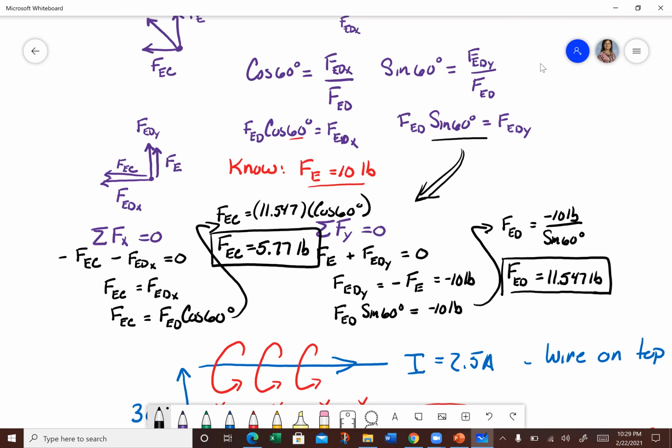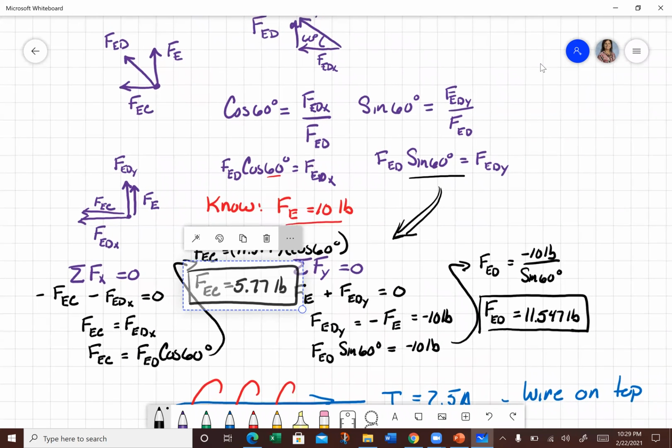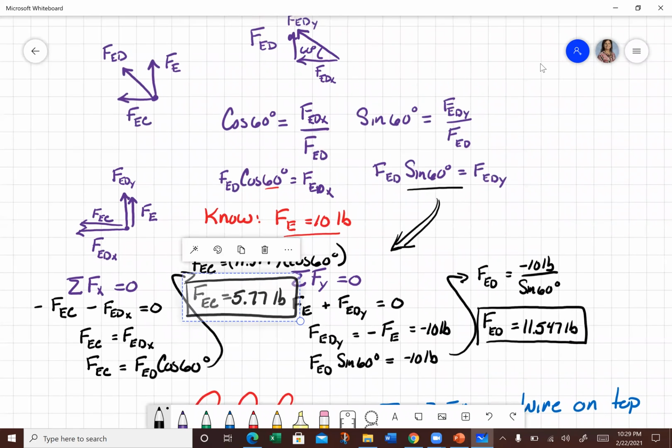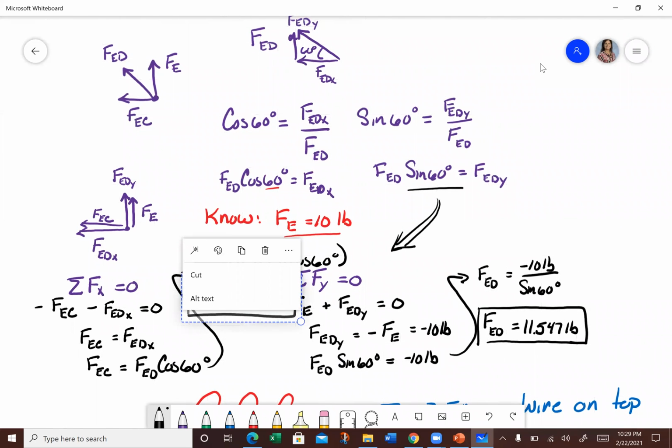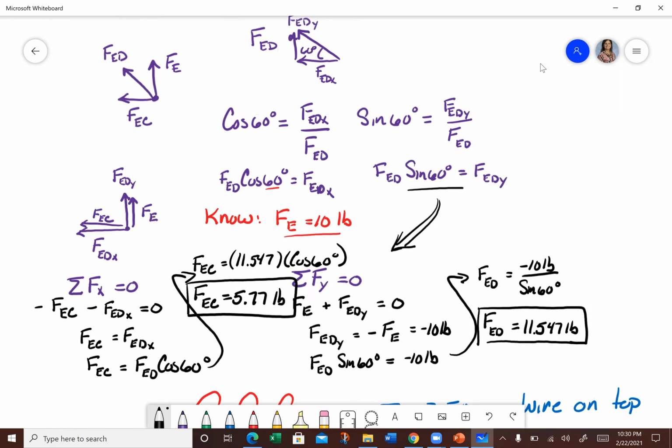So this here is no different than you've done before on free body diagrams, right? We had all of these forces acting at that one joint, so we're just looking at one particular point. What we recognize here is that these are in opposite directions, so we assumed the wrong direction for FEC.